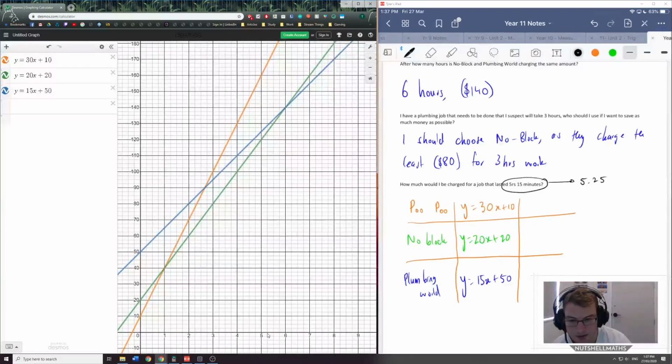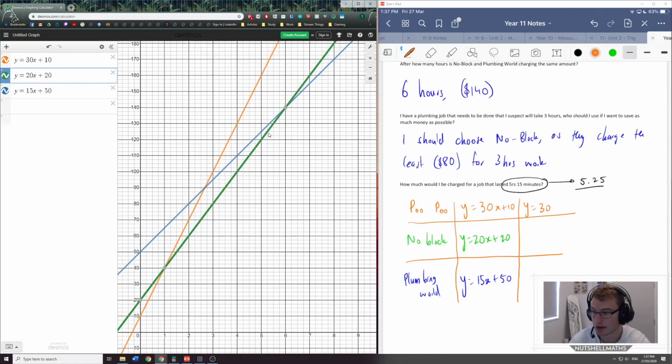This line here, we can see there, 125. But I want to show you an interesting way to do this. We can do this via inspection, looking at the graph.